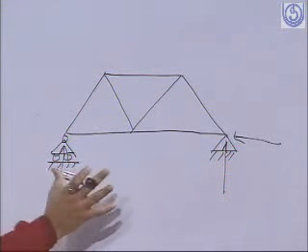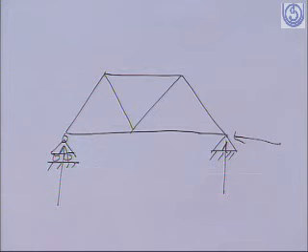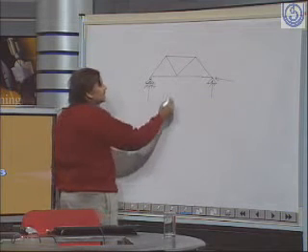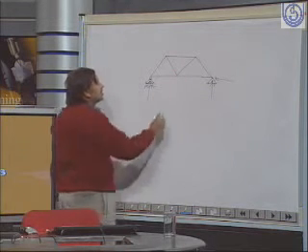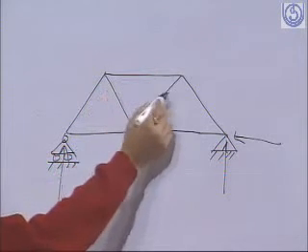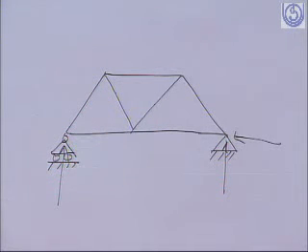So this is an externally stable structure, and what we define as internal stability, that no part of the structure should or can change its shape in comparison to another part of the structure, so that its geometry is appreciably changed in comparison to the dimensions of the structure.